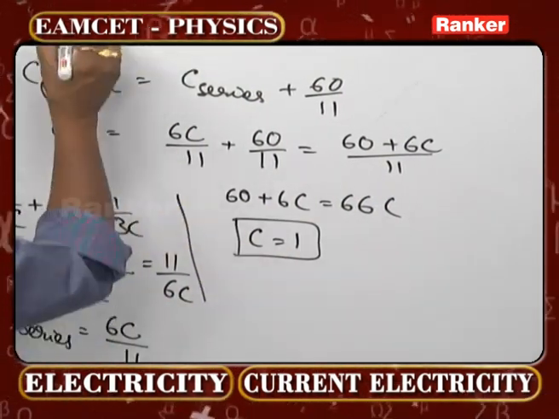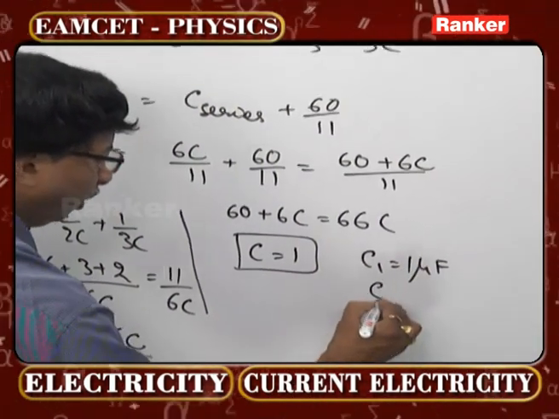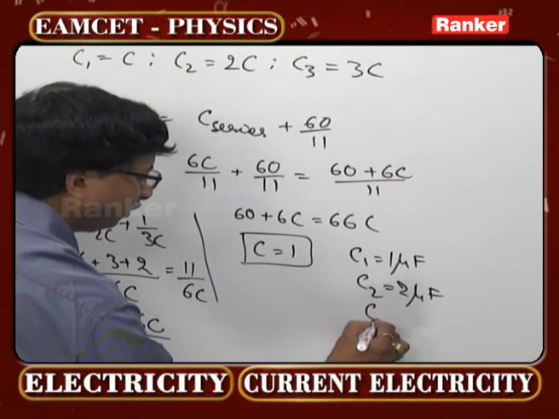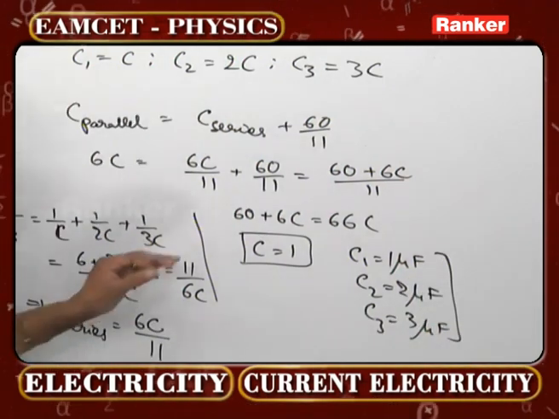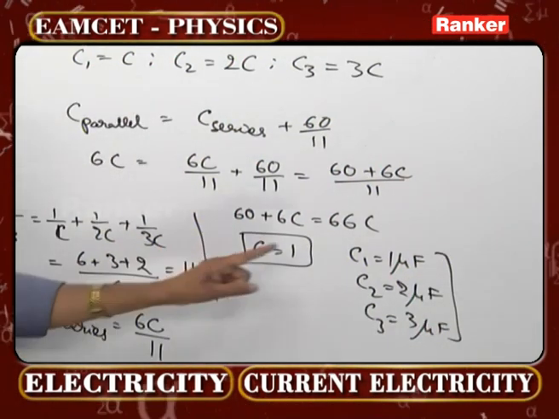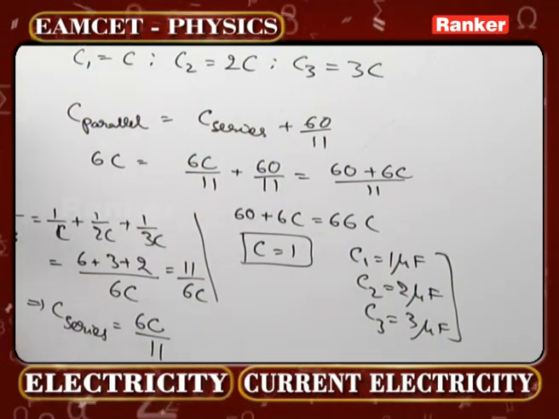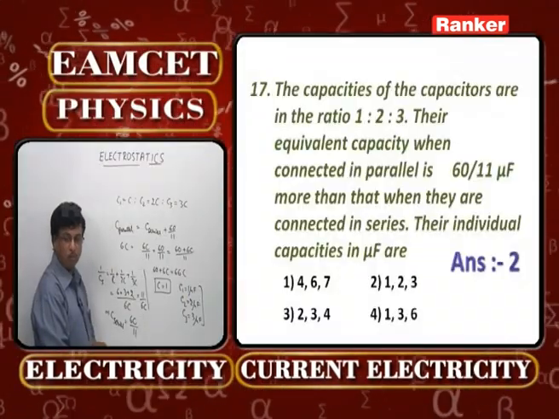Then what will be C1? C1 must be 1 microfarad. What should be C2? 2 microfarad. What should be C3? 3 microfarad. What are the three capacitors he is asking? 1, 2 and 3 microfarad are the values. The option is going to be the second one for this question.